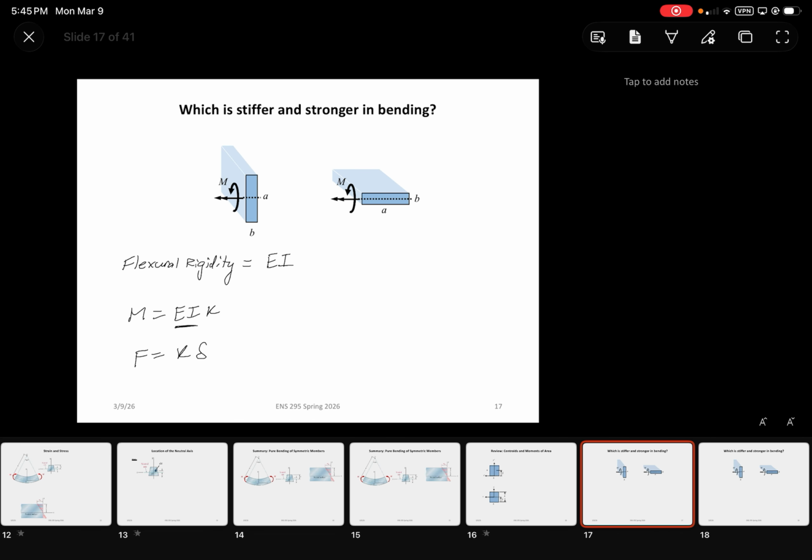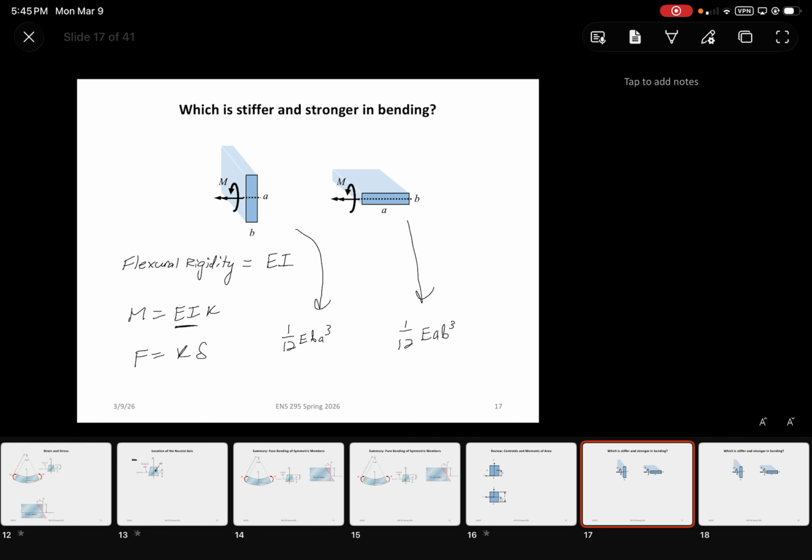And so one way that we can quantify the stiffness of those two sections is through this EI term. So for this section here, if we write out everything, it would just be 1 over 12 times EBA cubed. And then for this one here, it would be 1 over 12 EAB cubed.